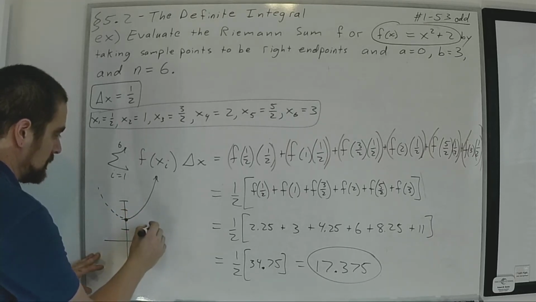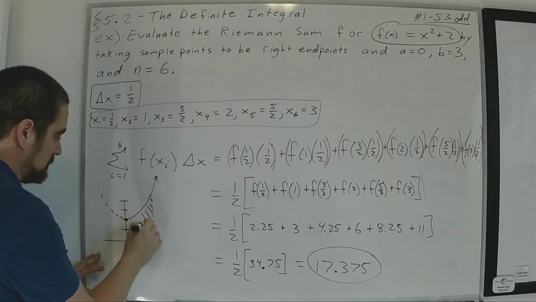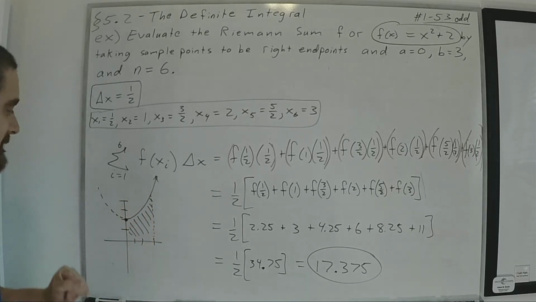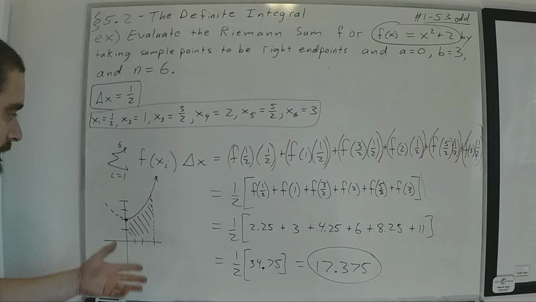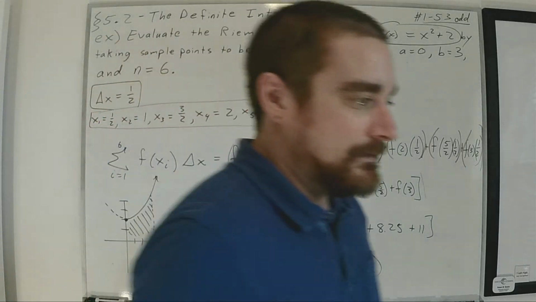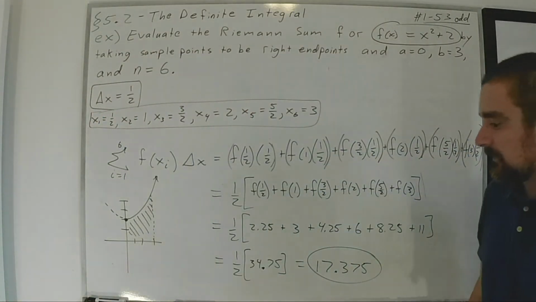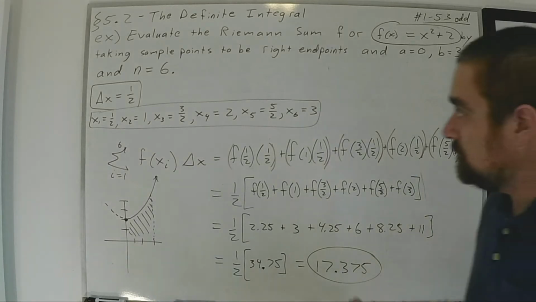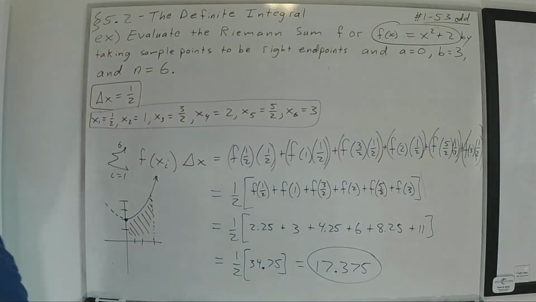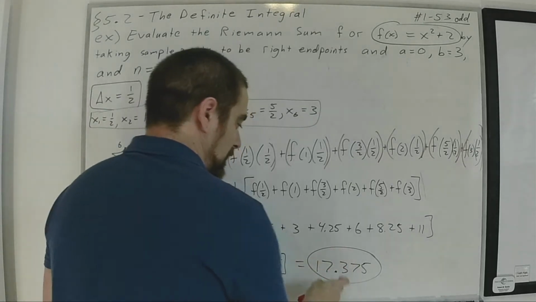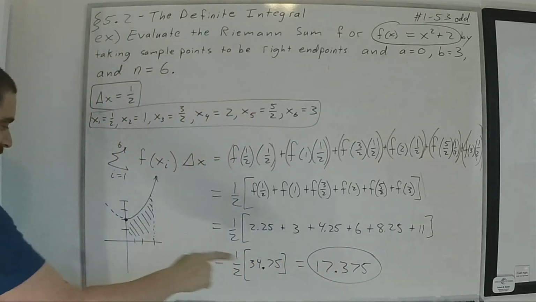And when we look, we can relate this to the concept of area, but it's not asking us for specifically area. But it's something that we could relate and sink our teeth into. We can really think about this in terms of area. But again, it's not asking for area, so we're not saying that it's 17.375 square units. We're not talking about area, so we're just giving it a value.